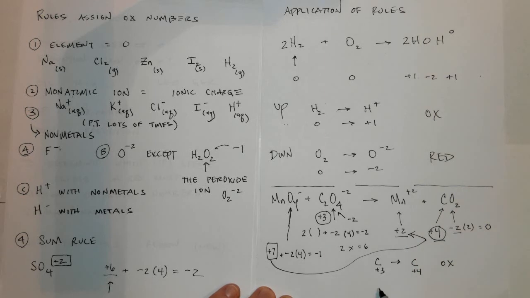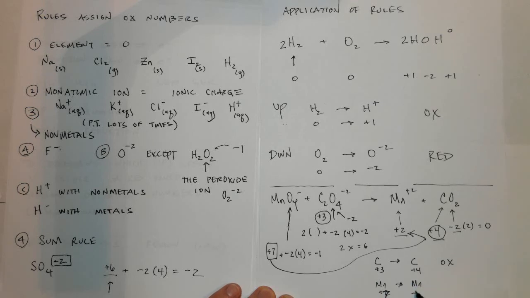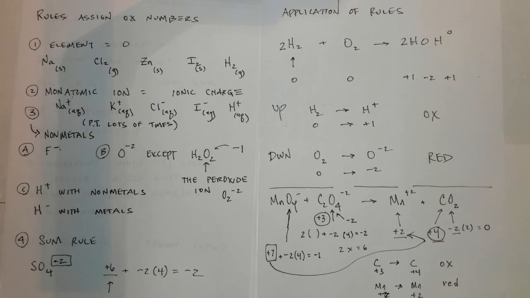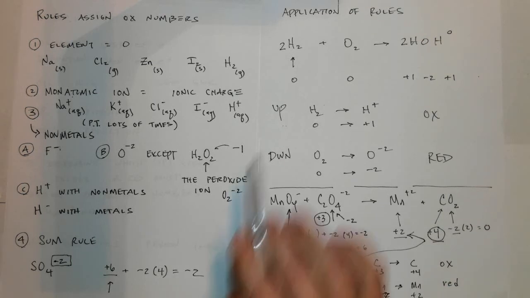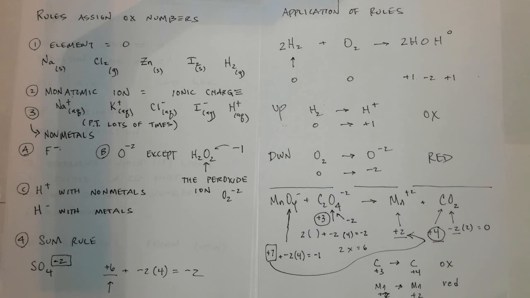And since manganese went from +7 to +2, we say that it was reduced, or it went down in charge. So assigning oxidation numbers allows us to decide which thing went up in charge, which thing went down in charge, and therefore which species is oxidized and which species is reduced.